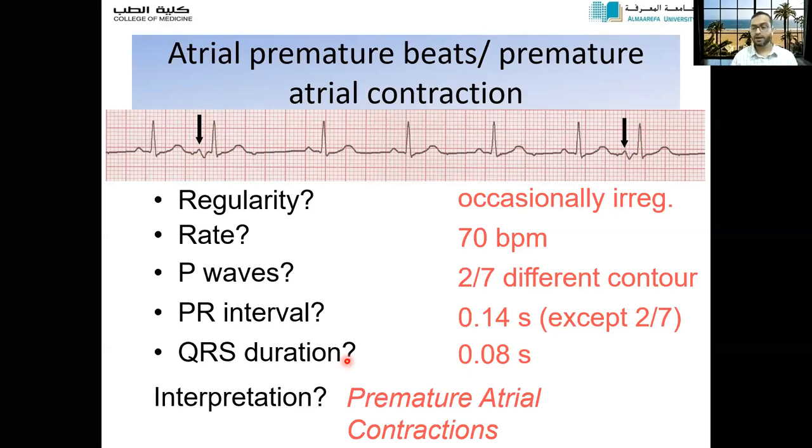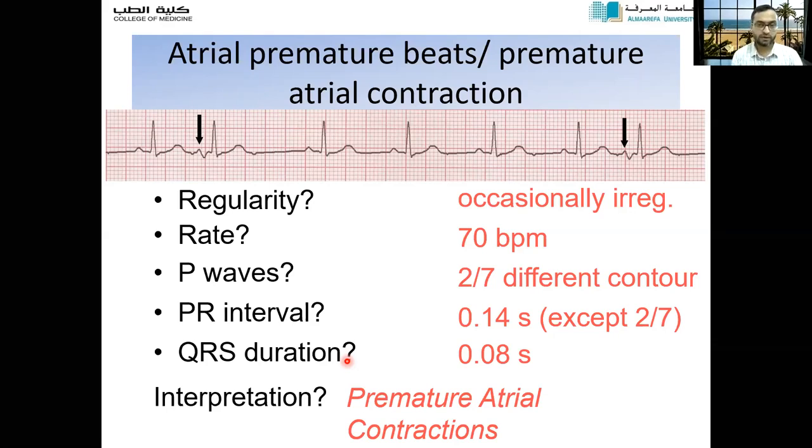which doesn't always have to be pathological. This can be seen in non-pathological conditions also, like when you are stressed, smoking too much, or taking too much coffee just before the exams. But some atrial premature beats can be pathological and can later be converted to serious arrhythmias.